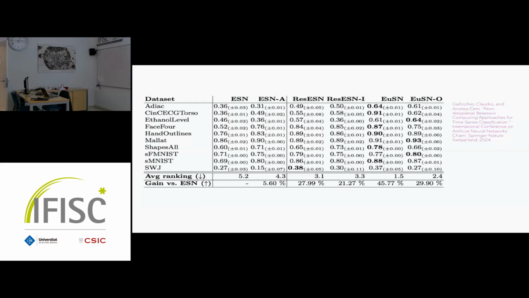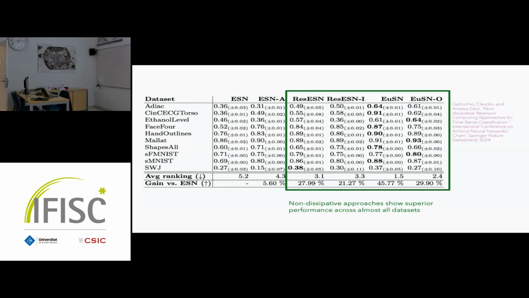And this already, if you look at these results, they tell you that time series classification is difficult for a conventional echo state network because this column improves almost everywhere, almost in any case, right? So for example, in this case, shapes, you go from 60% to 71% of accuracy. These are accuracies.